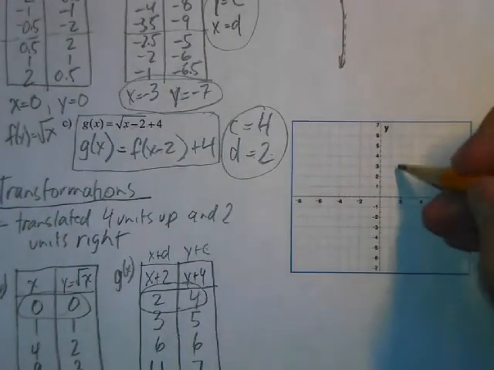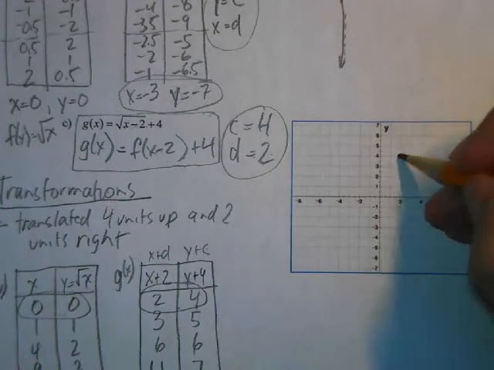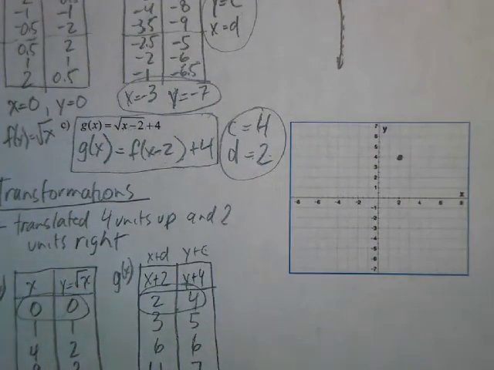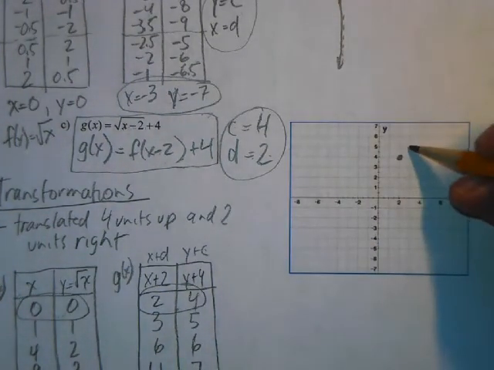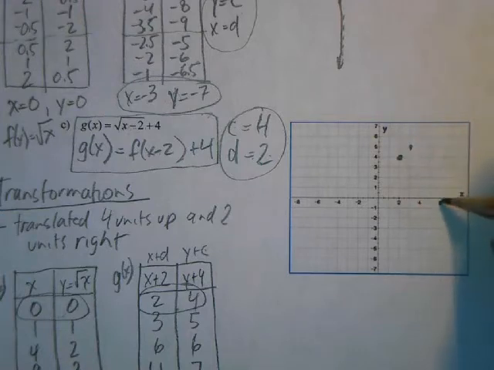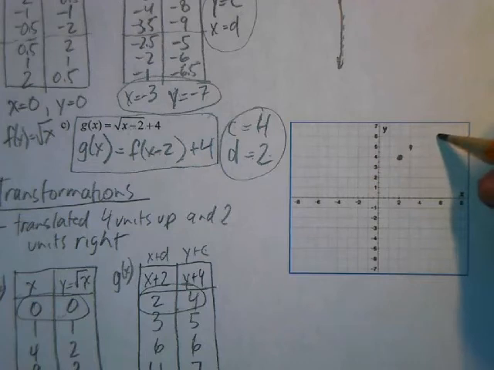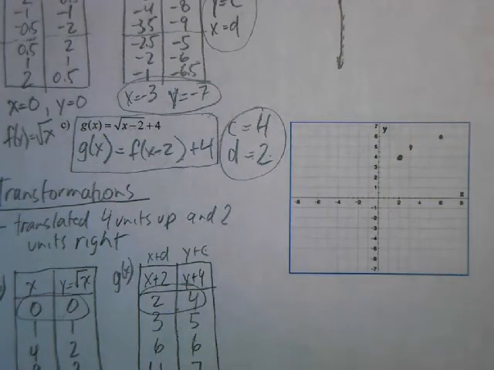So I'll graph that one first. There you go. And then we've got 3, 5, 6, 6, a little faint here, and 11, 7. I can't even fit that one on, but it's probably somewhere over there.